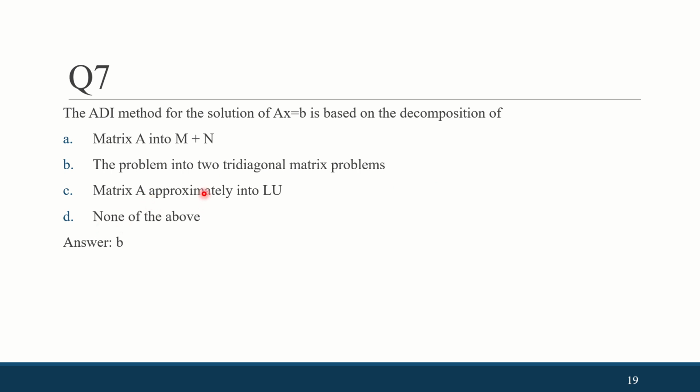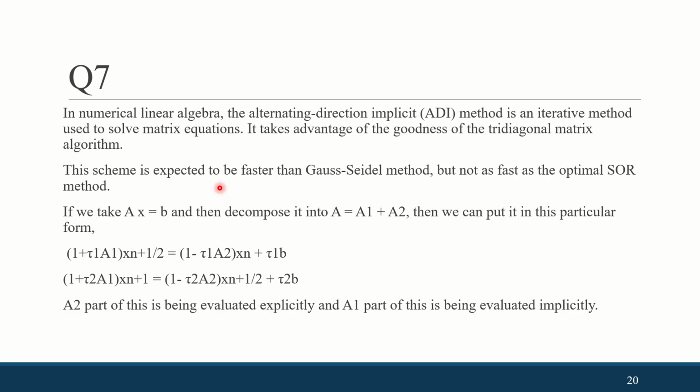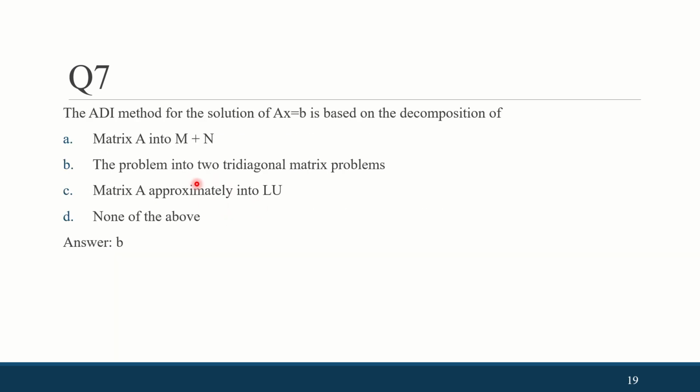In the alternating direction implicit method, the main goal is this: if we are given the set of equations in the form of Ax equals B, we are modifying the A so that when we put it back in the equation, we would have one explicit and one implicit term.